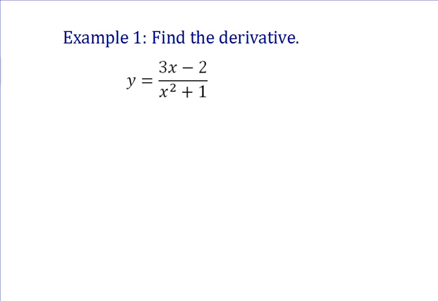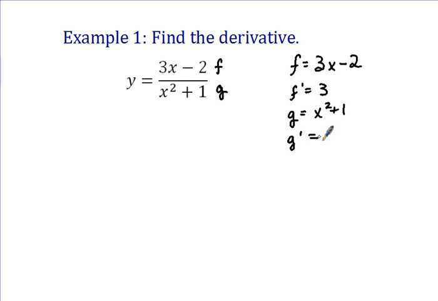In this first example, my top function is going to be f, and the denominator function is going to be g. So I'm going to list my parts out over here for this first example. f is equal to 3x minus 2. f prime is equal to 3. g is x squared plus 1.